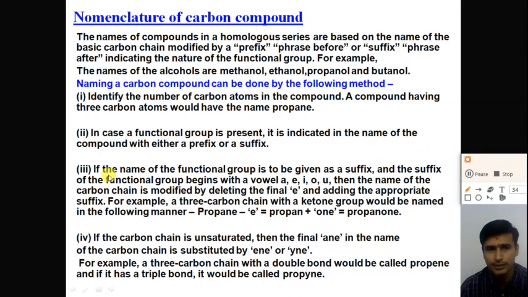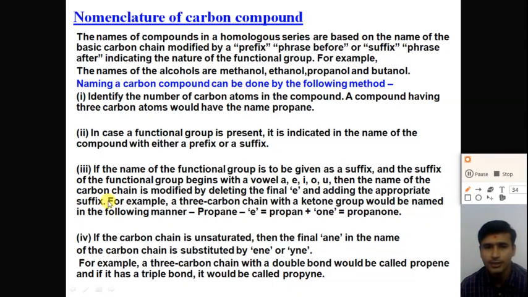Now the third point is that if the name of the functional group is to be given as a suffix and the suffix of the functional group begins with a vowel, A, E, I, O, U, then the name of the carbon chain is modified by deleting the final E and adding the appropriate suffix.